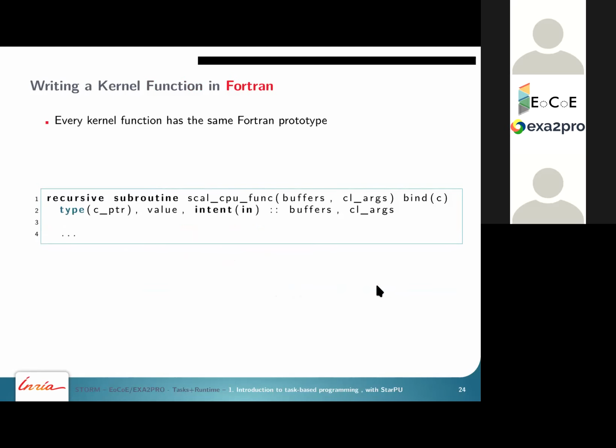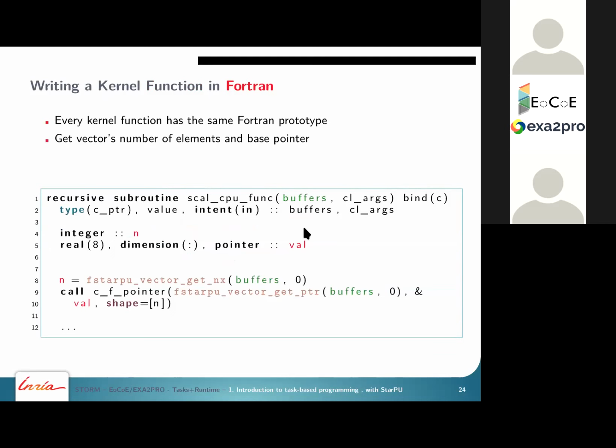The implementation itself can be done in Fortran. Like in C, we have the two parameters, and the type of the parameters is always the same, like this. And then you have some functions to get the number of elements and the pointer to the actual data. Here, this returns the val pointer.